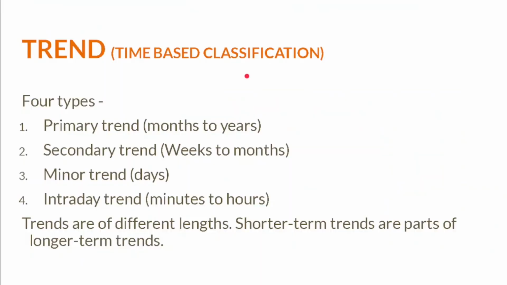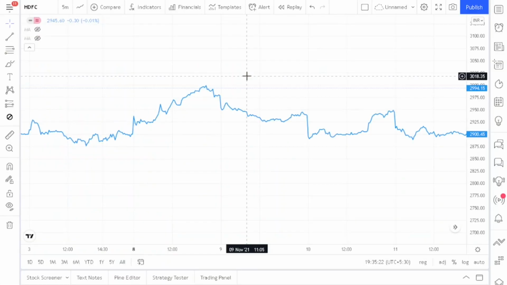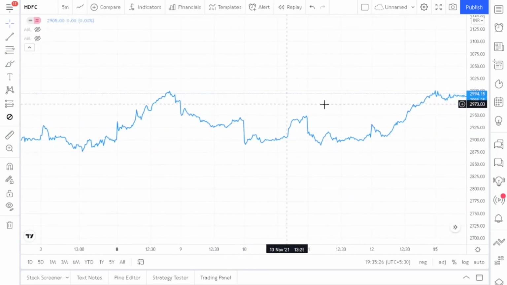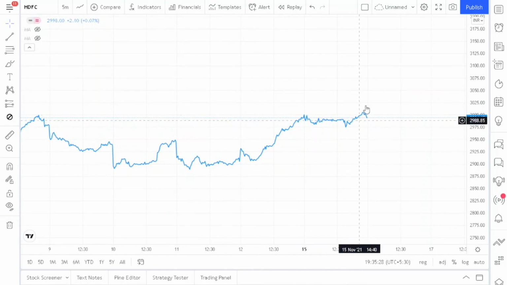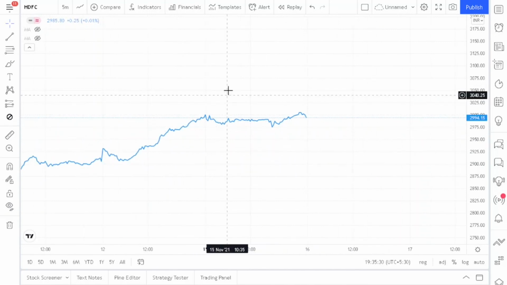Trends are of different lengths, and the shorter term trends are part of longer term trends. Now what do I mean by that? Let's understand this on our charts. If we go to the charts, you can see that every day the market opens and some kind of data happens, like prices always go up and down, and this data adds up to the long term charts.